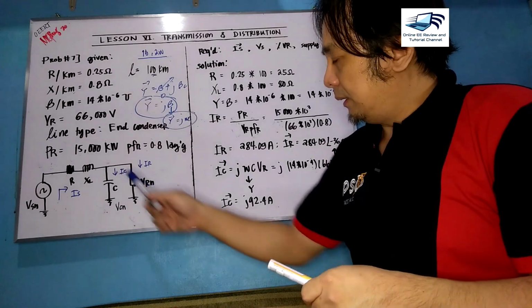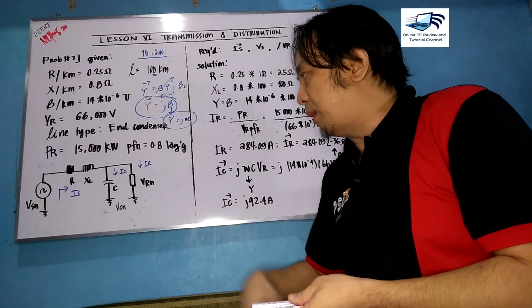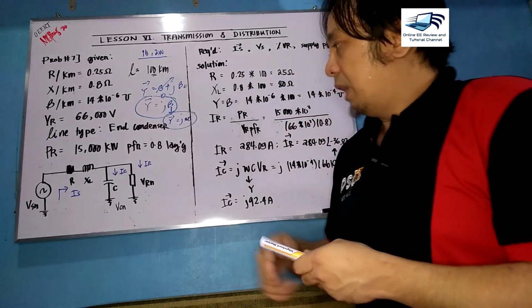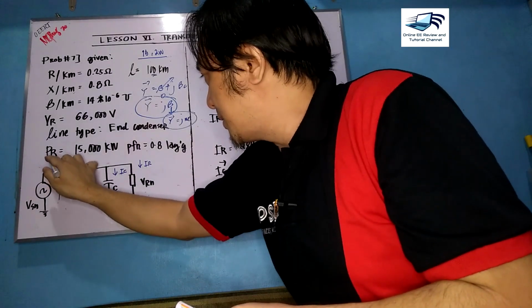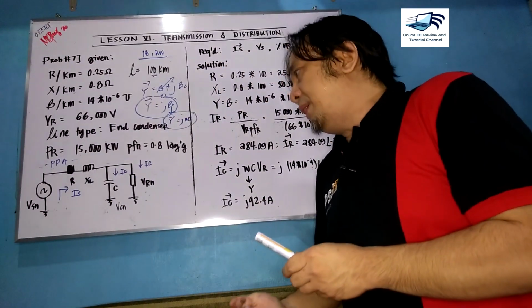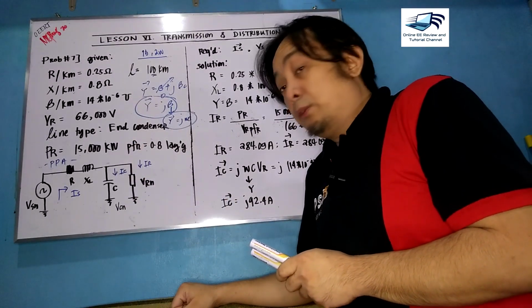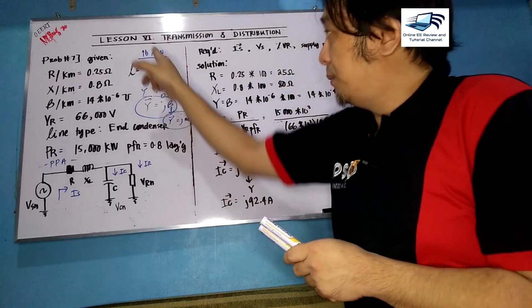Now the PR, the receiving power, is 15,000 kilowatt or 15 megawatt. Power factor receiving is 0.8. Now we can draw the per phase analysis of the system. But again, it is already per phase, simply because we have a single phase 2-wire.